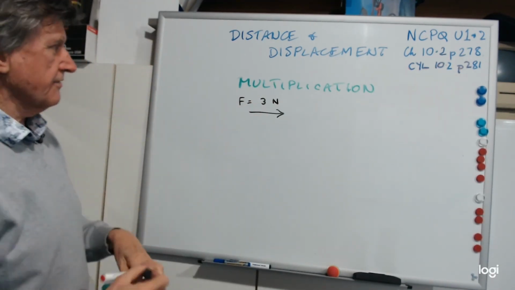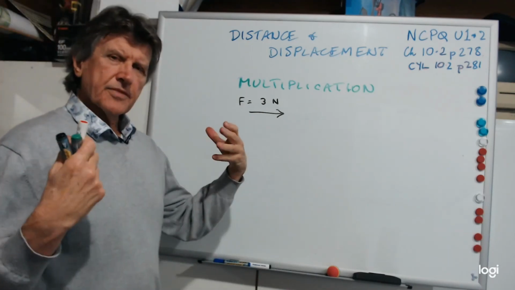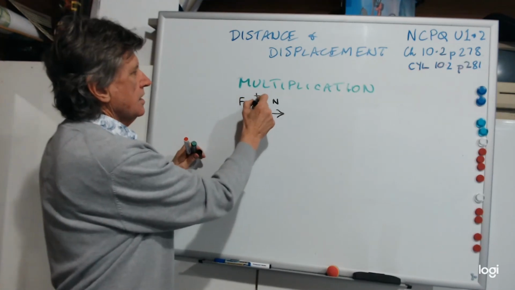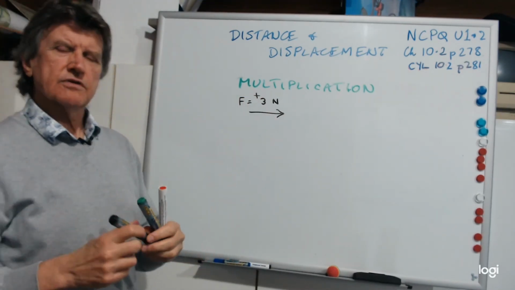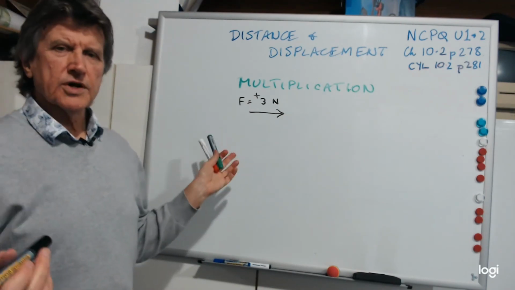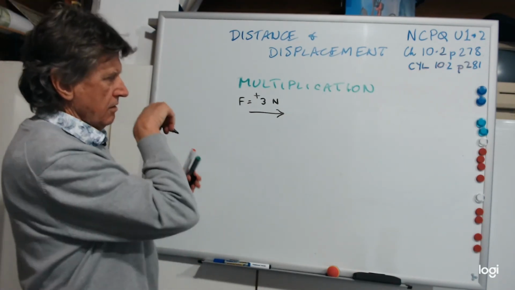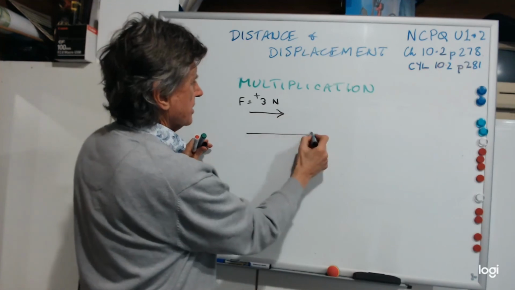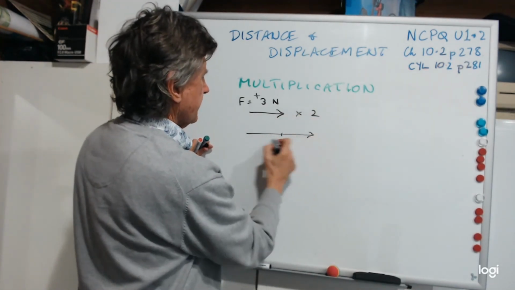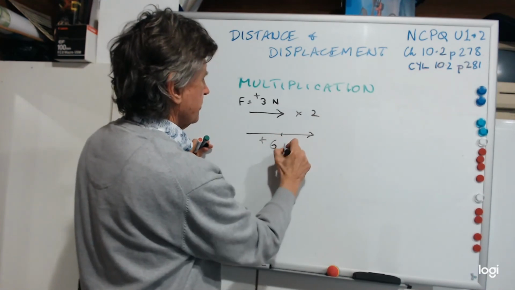If a question said the pushing force, instead of being 3 newtons, was, say, twice that, it'd be like this. So if you multiplied that by 2, you just have a total of plus 6 newtons.